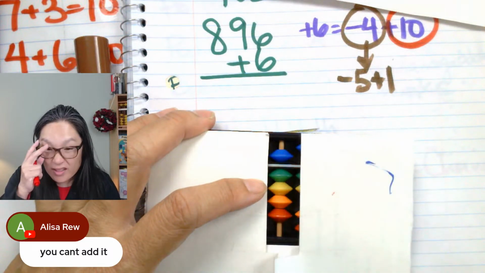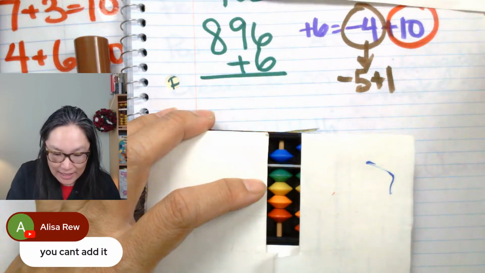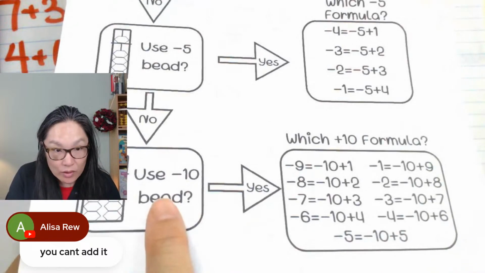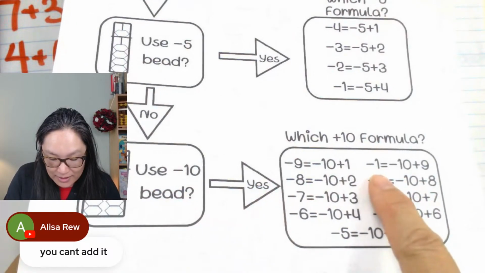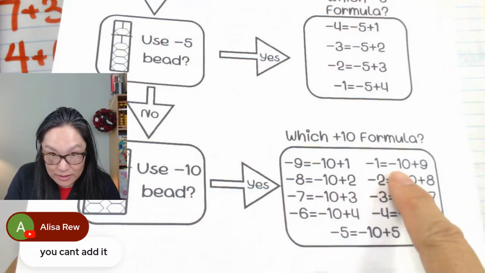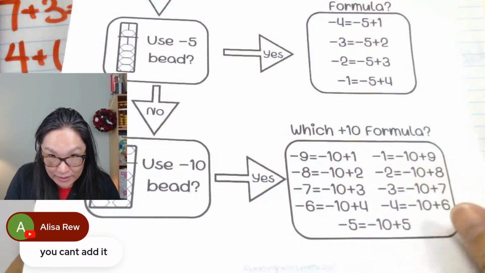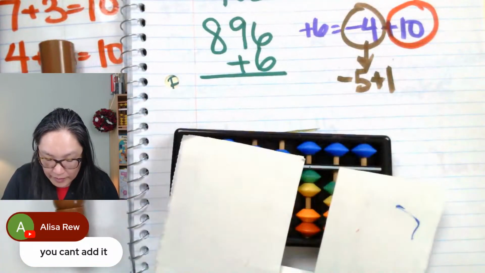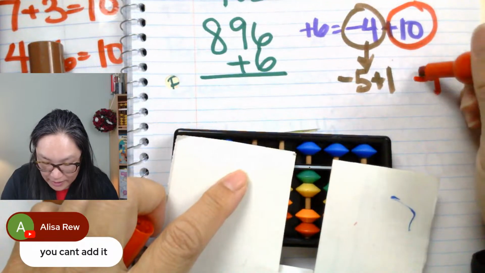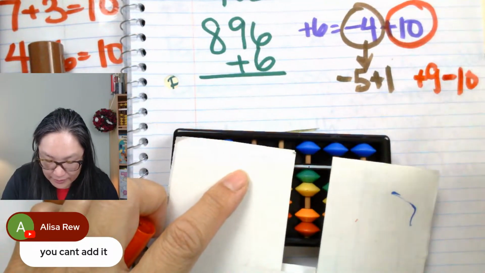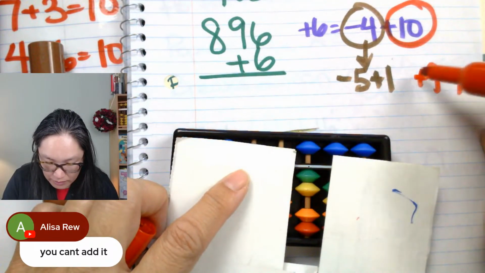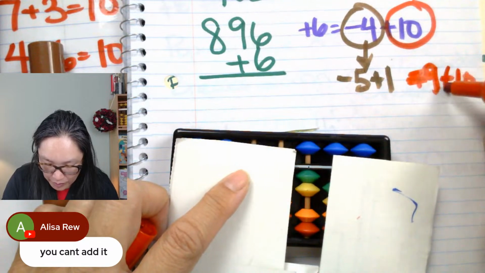So that's the difference. So then you go to the 10. Exactly. So what's going to happen is I go to minus the 10. Minus the 1 is equal to minus the 10 plus the 9. So now I'm going to plus the 9 minus the 10. I'm sorry, minus the 9 plus the 10.